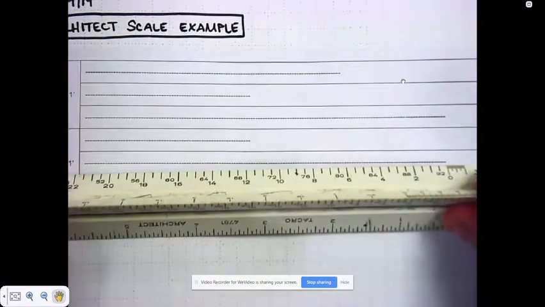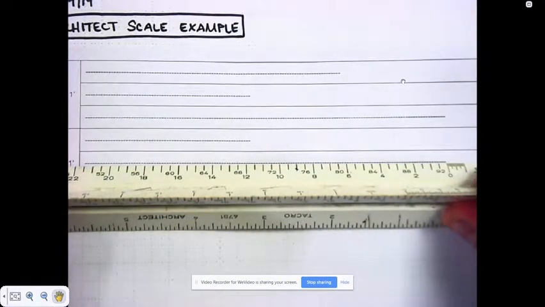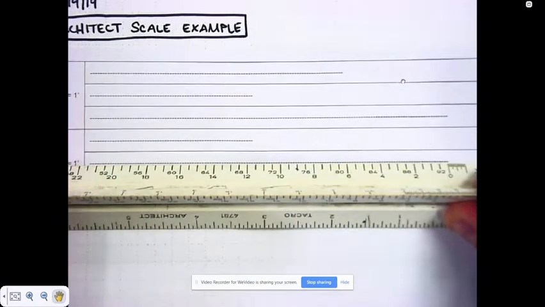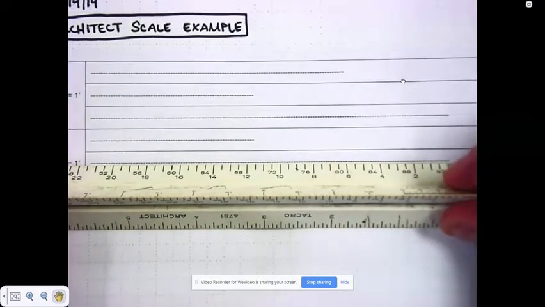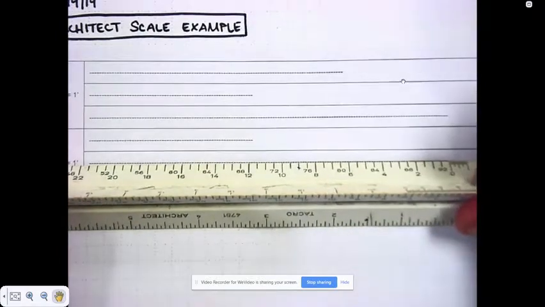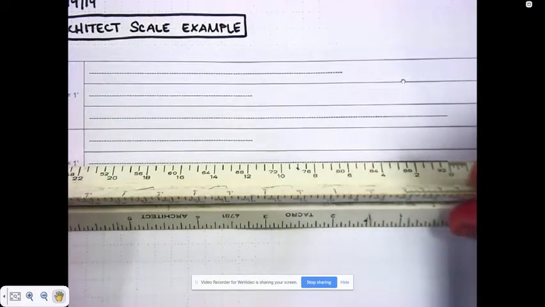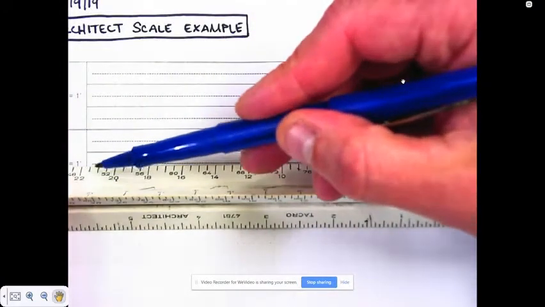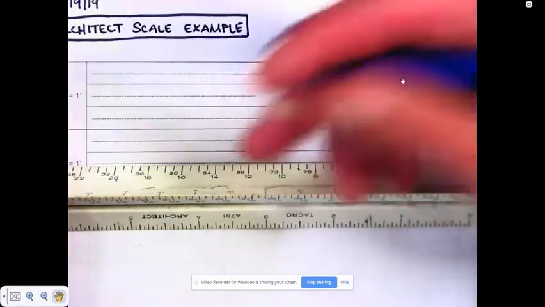Zoom into my next line. I'll find the 1/4 inch scale, put it at the end of my line. If we look at this one, again, we have to figure out what lines we're looking at. In this case, I'm looking at 20 right here. That would be 21, and that would be 22.